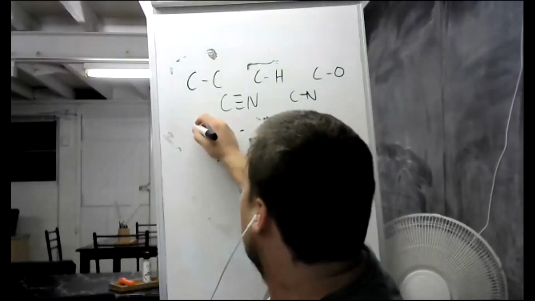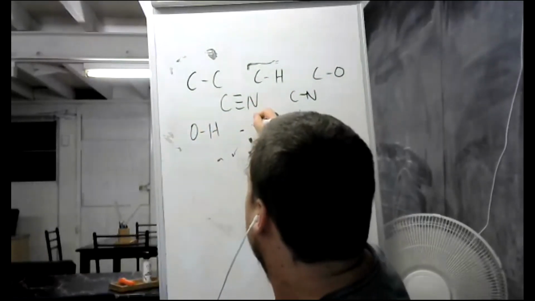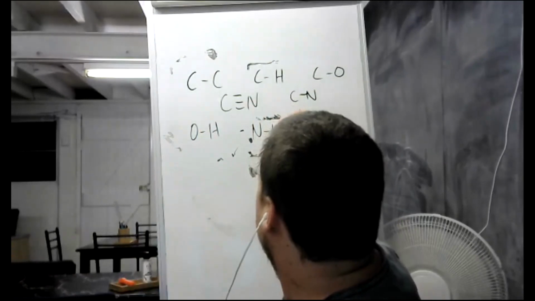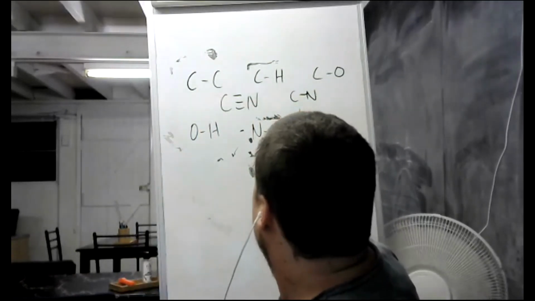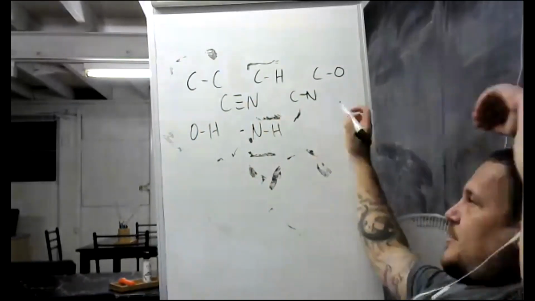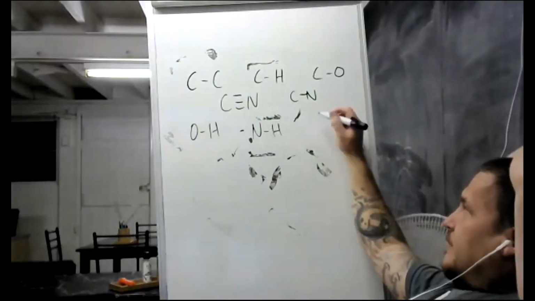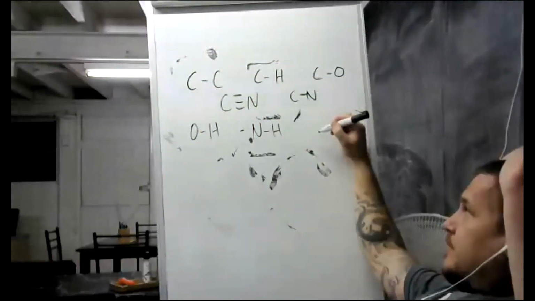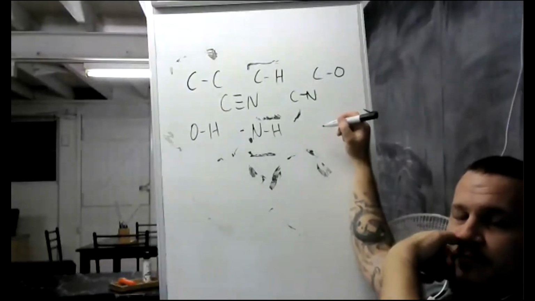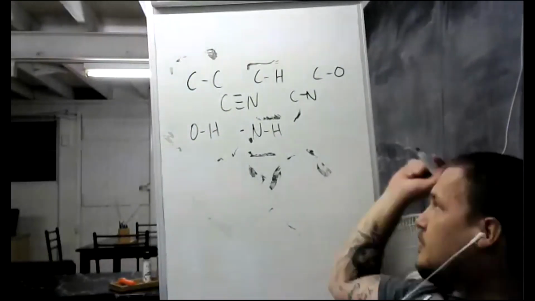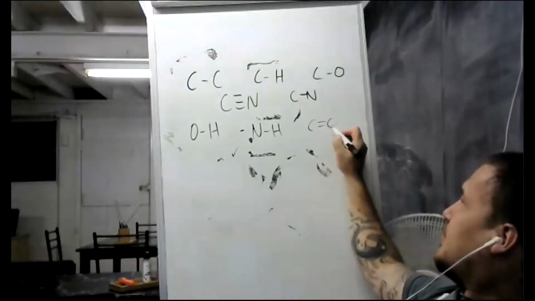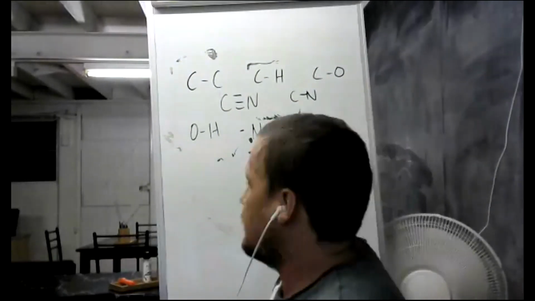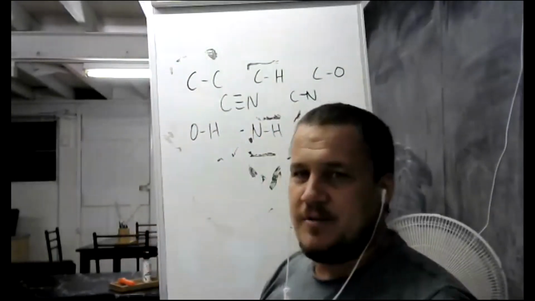We have oxygen bound to hydrogen, nitrogen bound to hydrogen. What else we got? Anyone else? We've got carbon double bound to oxygen. These are the main ones.